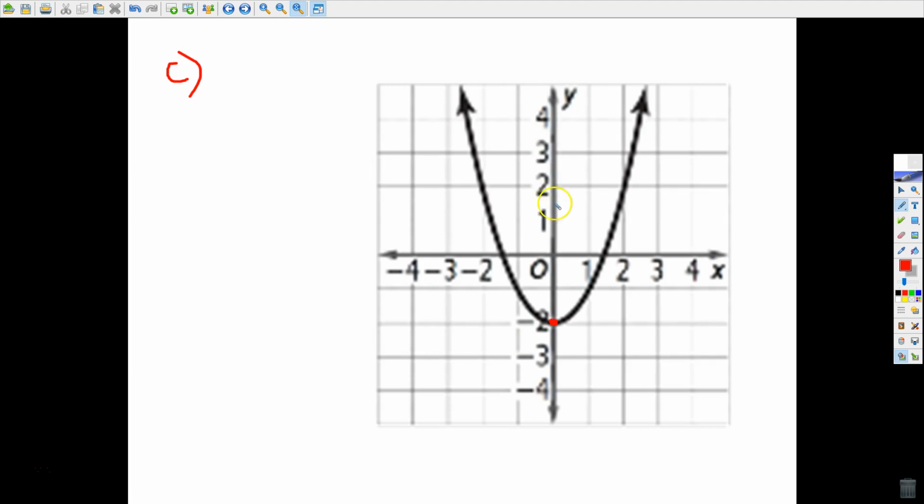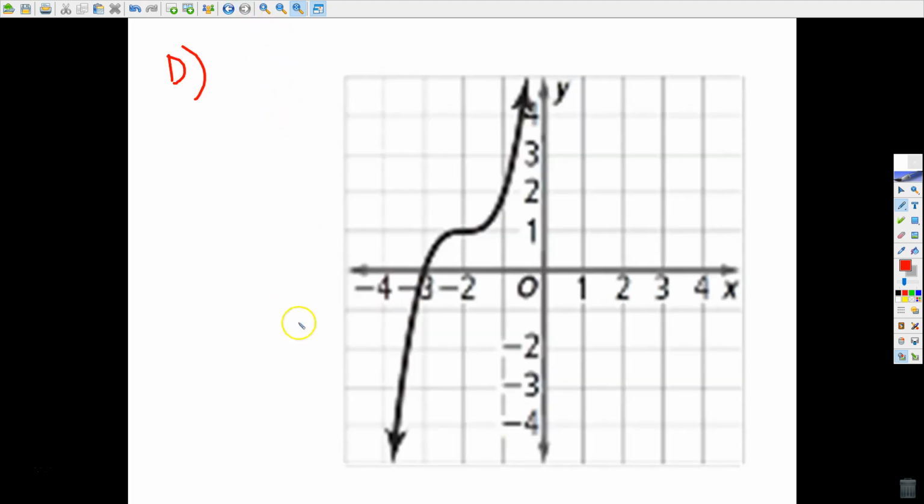If I were to fold on, in this case, the y-axis, then this right half would just be right on top of the left half. So once again, I've got line symmetry, and I have to identify the line that creates the symmetry. And this would be the line x equals 0, or in other words, the y-axis.